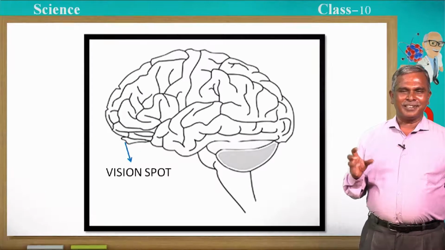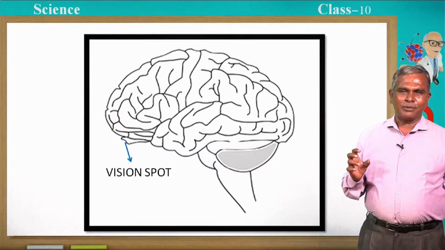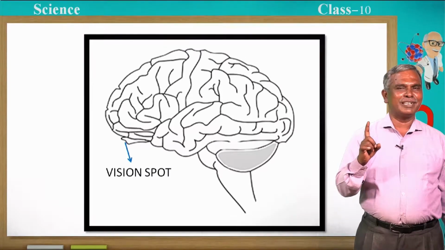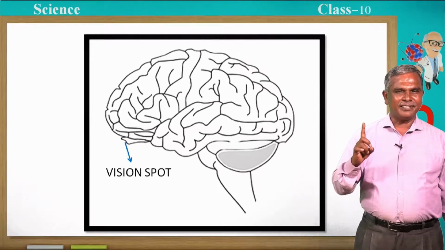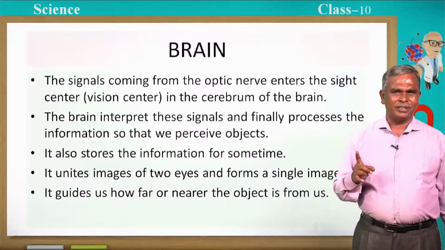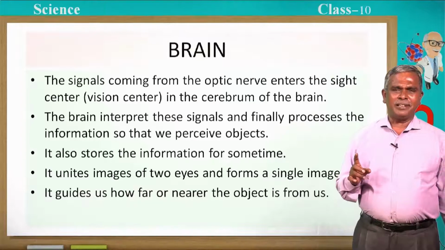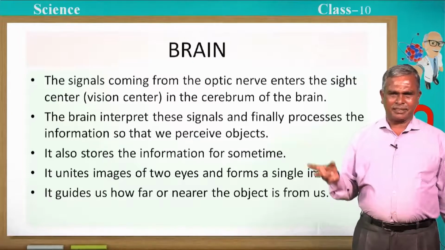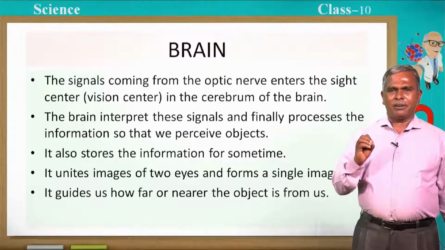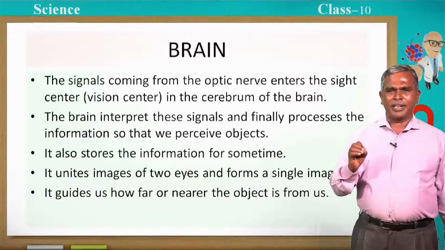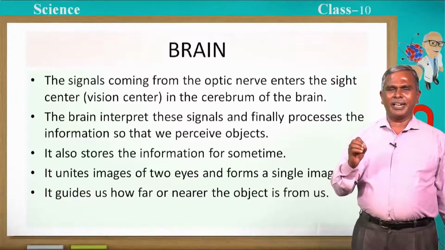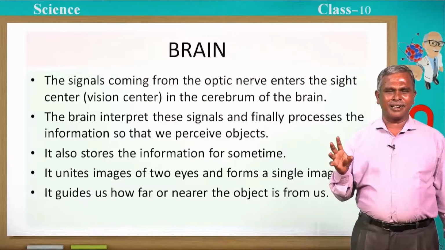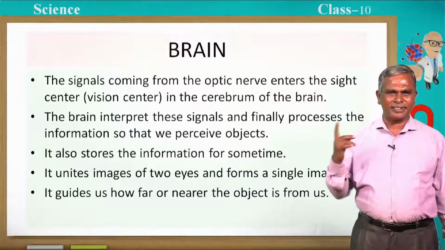Okay. Now, let us go to the brain. Whatever activities happen in our body, the ultimate decision is given by the brain. The brain is called the king of the human body. Even here, the brain plays a key role in getting a good vision of a particular object. Totally, the light falls on the cornea, from the cornea it goes to the eye lens, from the eye lens it gets refracted, the image is formed on the retina, and rods and cones convert the images into electric signals.